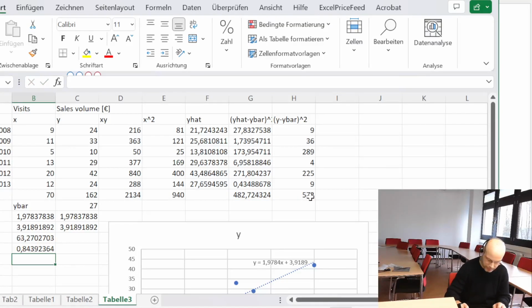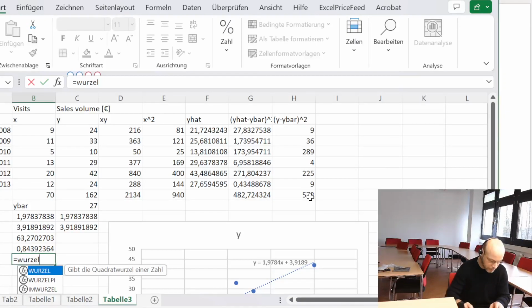And then we have our 0.84, and R would be then the square root of this.